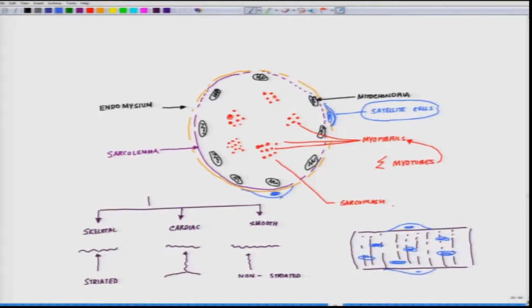Those big cells are these cells which are present there. We just distinguish them from the nuclei. Nuclei, I am just putting another color code. So, this pattern what you observe here is the striation pattern.